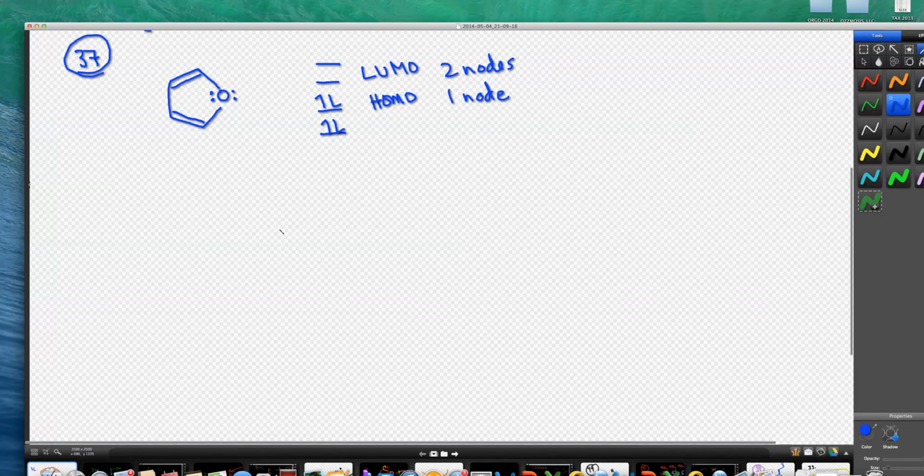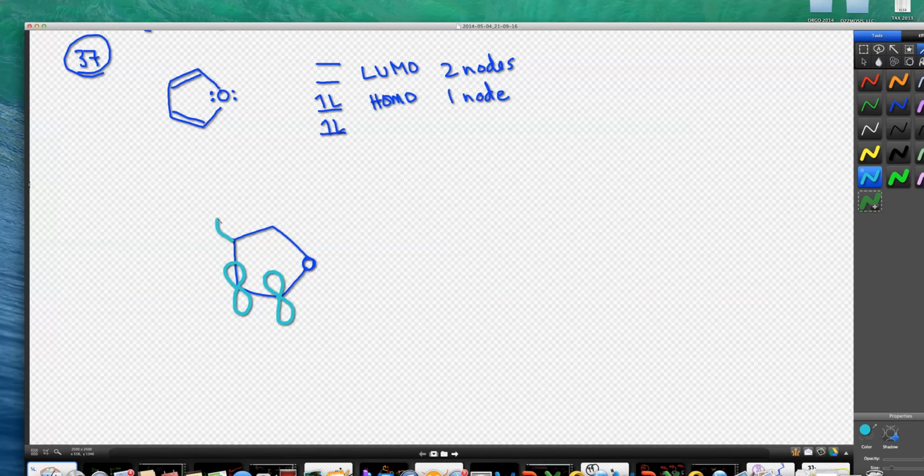So if we begin looking at our pi MO diagram, the HOMO is going to have one node.